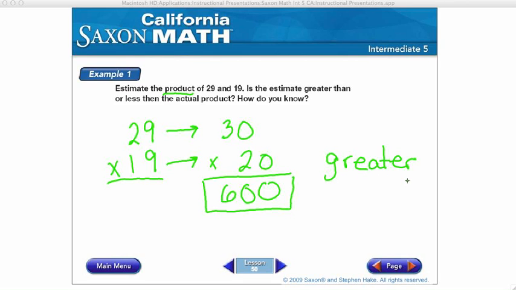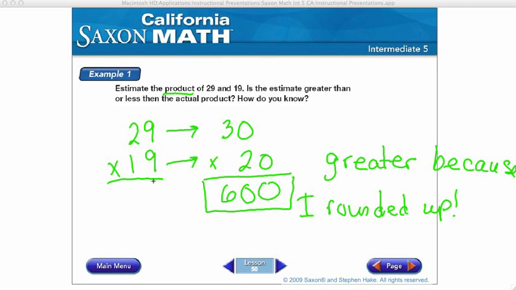My estimate is greater than the actual product because I rounded up. Okay? So note, I do not have an actual product here. I am not solving to find an actual product. I'm estimating, then multiplying, and then answering the rest of the question.